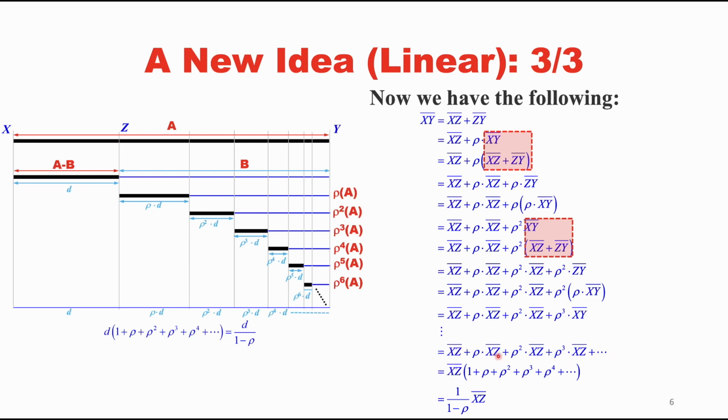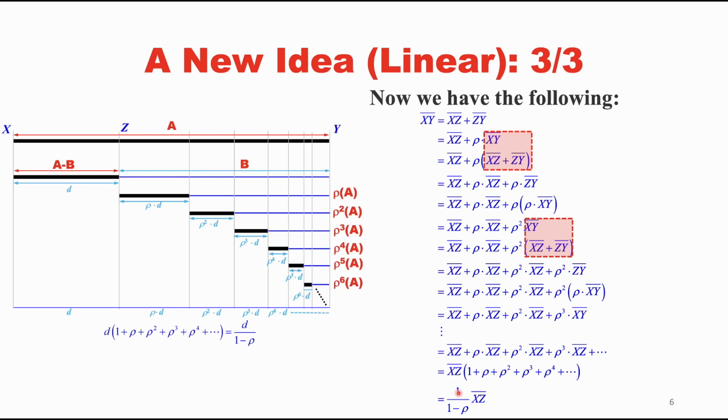So we can take XZ outside of this expression. So this one becomes XZ times the sum of 1 plus rho plus rho squared plus rho to the cube plus rho to the fourth power and so on. And as you know, this is a geometric series.